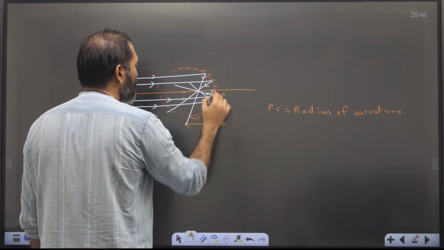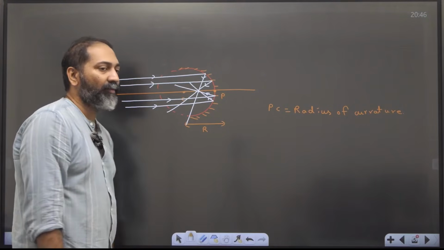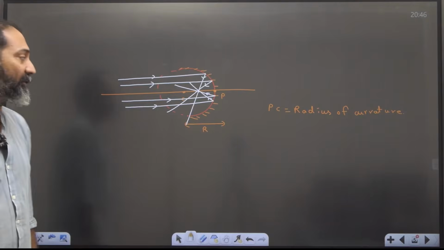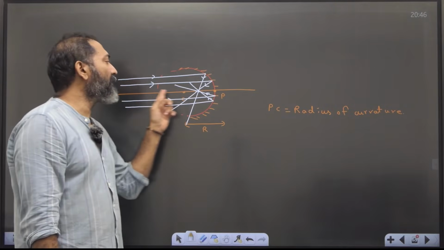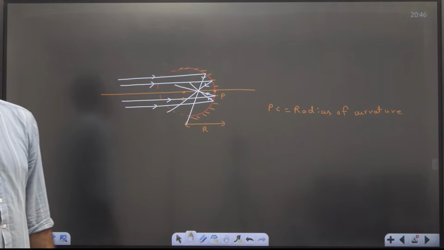See, what is the principal axis? You should know what the principal axis is. A straight line which passes through the pole and center of curvature is called the principal axis.